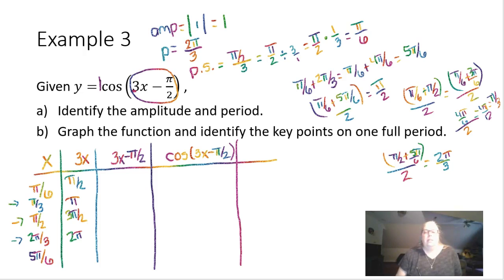And then 3 times 5 pi over 6, that's going to give me 15 pi over 6, but that's going to give me 5 pi over 2.